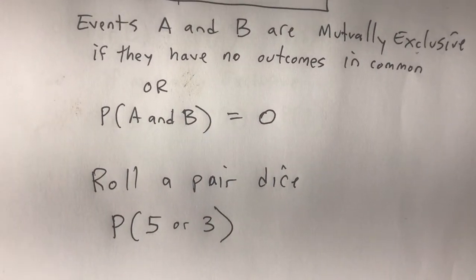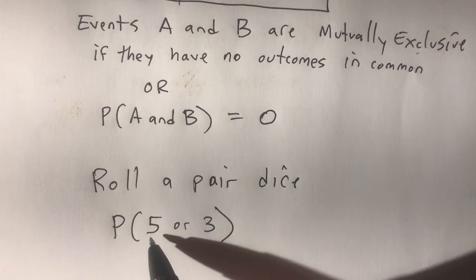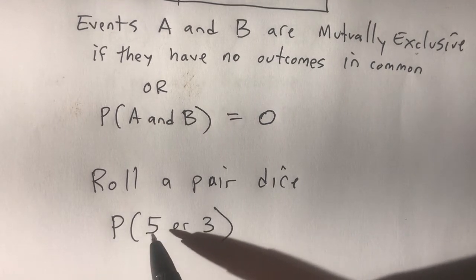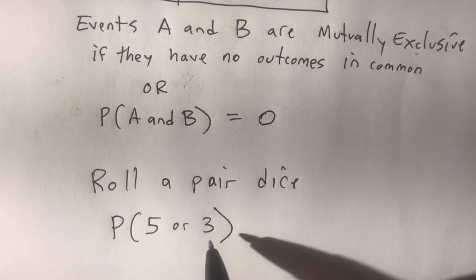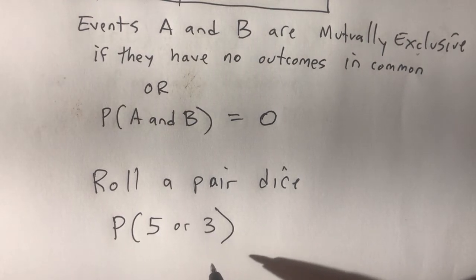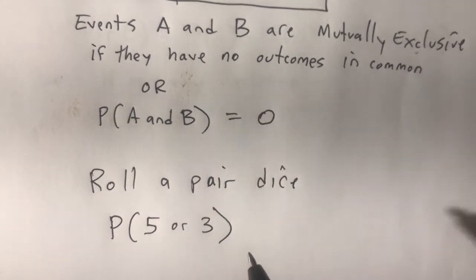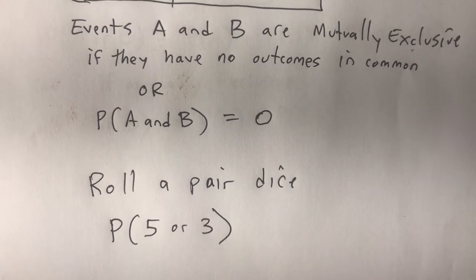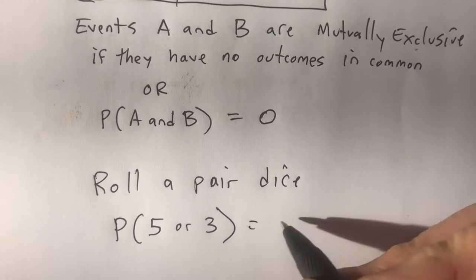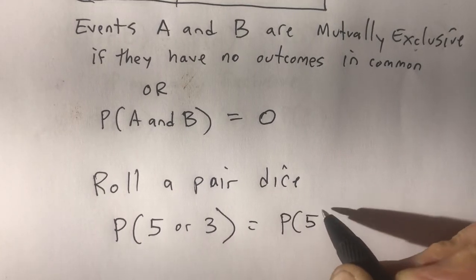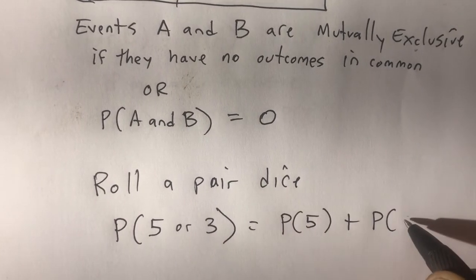Well, we're wanting to find the probability of this one or this one. Well, first of all, is there any way possible to get a 5 and a 3? No, it's not. So these are mutually exclusive. Okay, so this is going to be the probability of rolling a 5 plus the probability of rolling a 3.